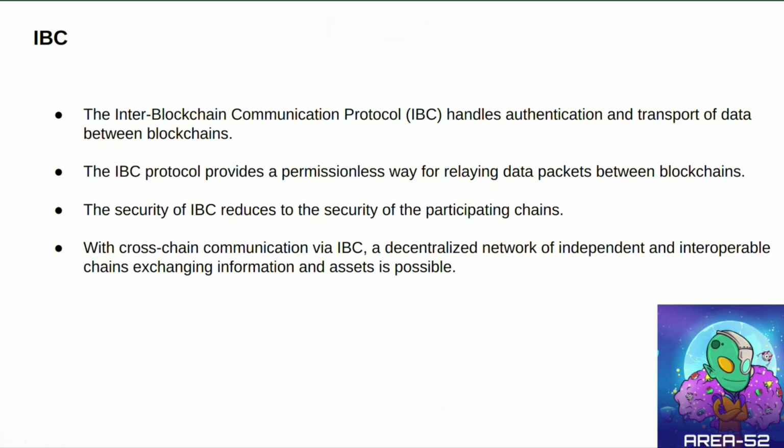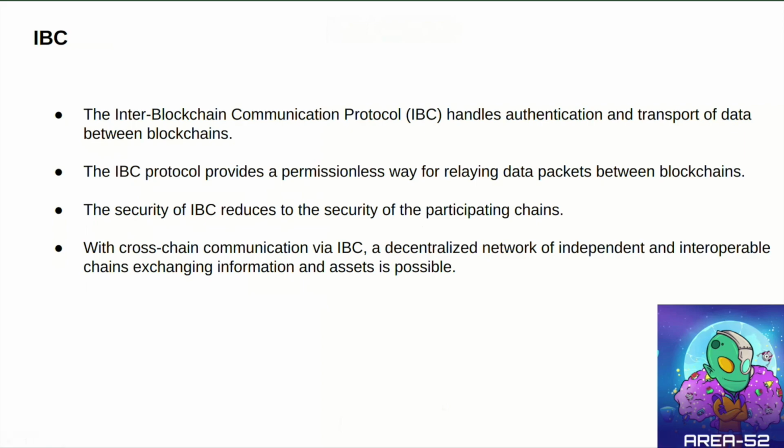IBC is a way of relaying these data packets in a permissionless way. What this means is that the security of IBC boils down to the security of the chains. If you trust the chain you're receiving the packet from, then you won't have any problems with IBC.